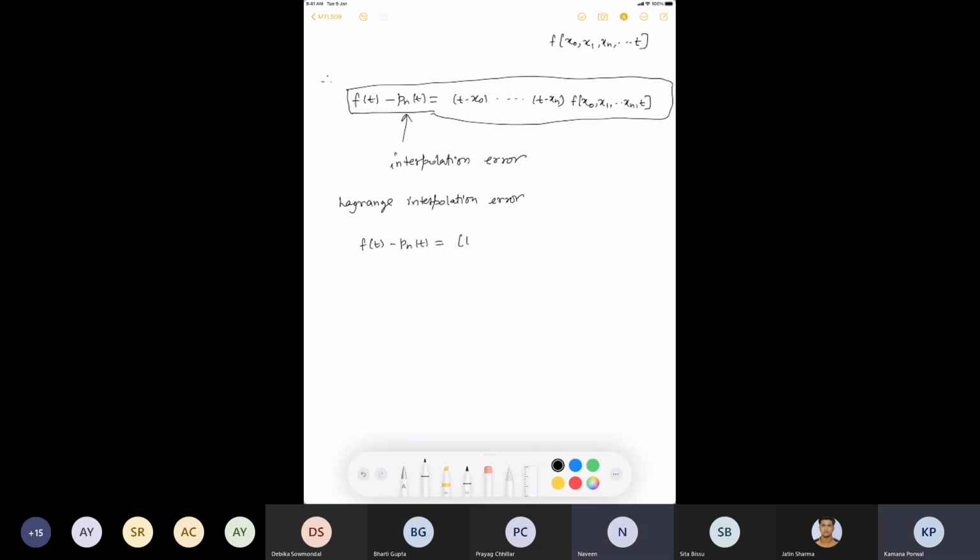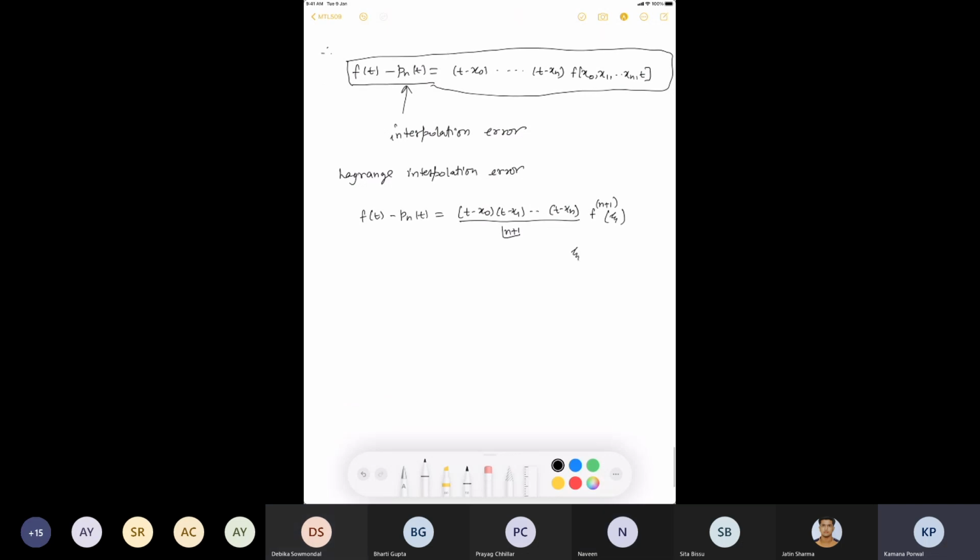It was the same factor, (t minus x0)(t minus x1) up to (t minus xn), divided by factorial (n+1), into the (n+1)th derivative of f evaluated at some xi, where xi lies in the smallest interval containing all these nodes.